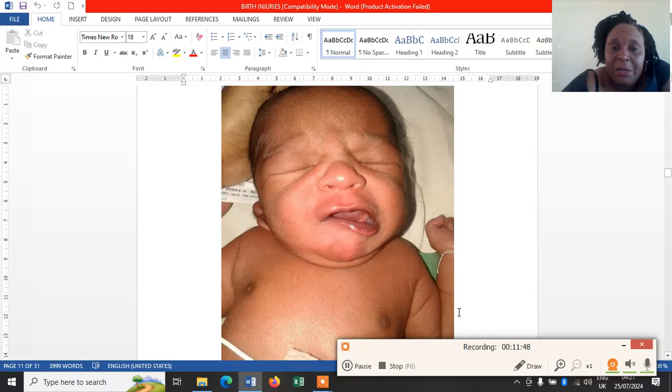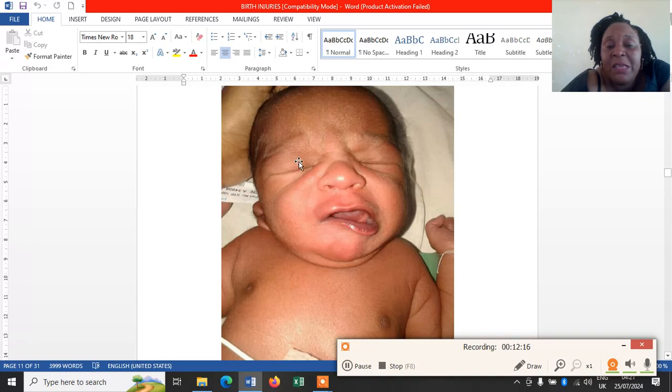So this is a typical example of a Bell's palsy or a facial palsy. This baby's eyes both are closed, but when you look at the mouth, it is pulled to one of the sides. It means this side which it is pulled to is the normal side, and this side whereby the mouth is partially closed or open is the affected side.